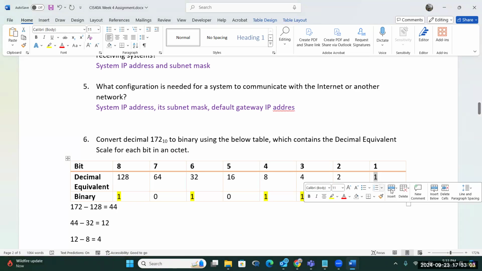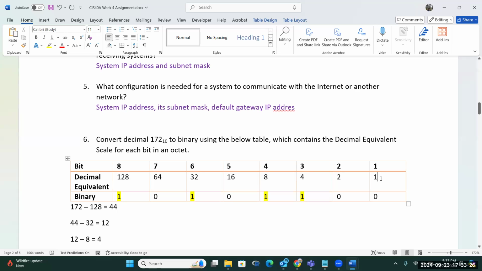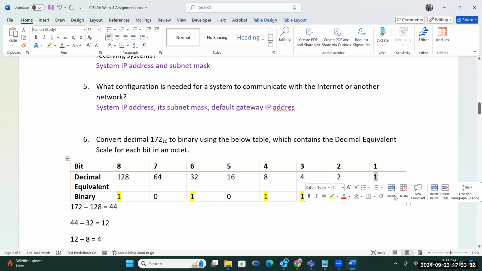You start with the least significant bit on the right-hand side. It's always on the right-hand side, and it's going to go left and increase. The first bit has the least significant value, which is 1. That's 2 to the power of 0, which is 1. Anything to the exponent 0 is a 1. Like 500 to the exponent 0 is still a 1, right?